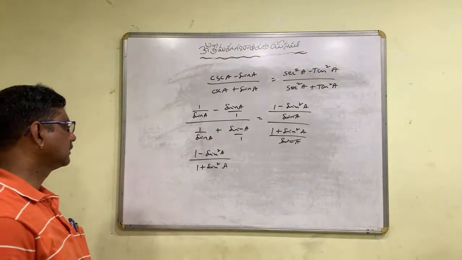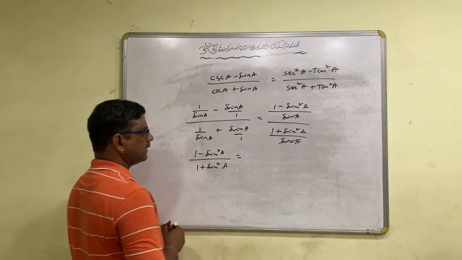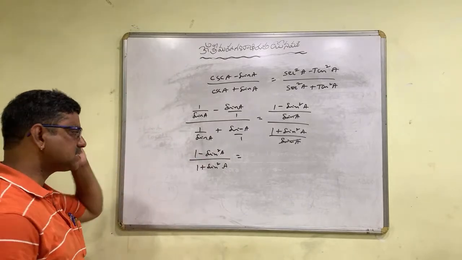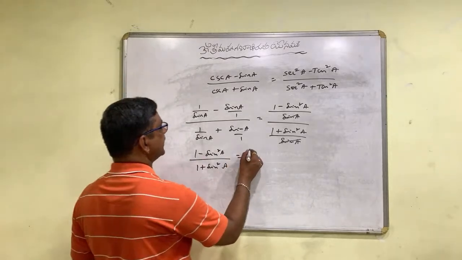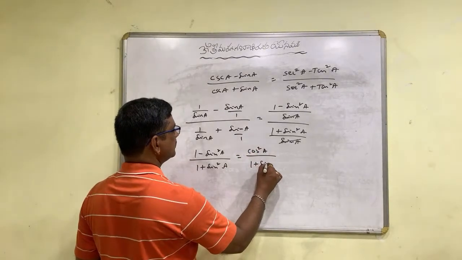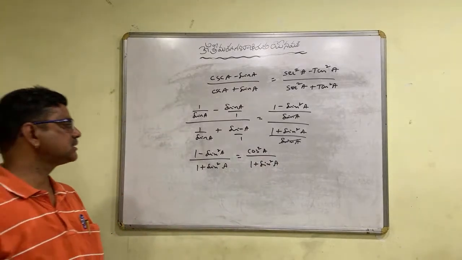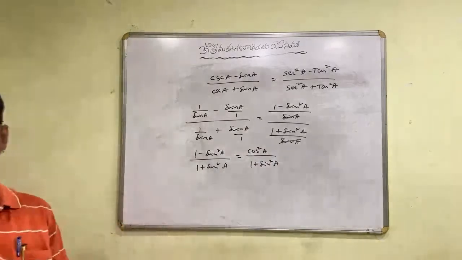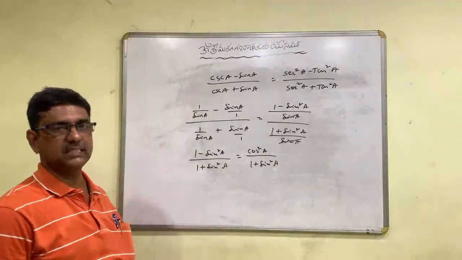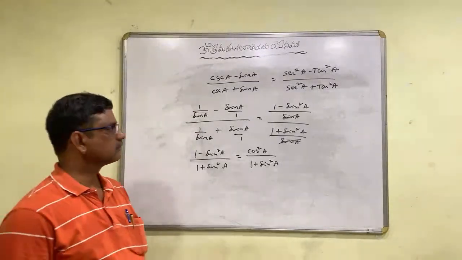Okay na? So here 1 minus sin square A is cos square A, by 1 plus sin square A. If I simplify the LHS, this is the result I got, cos square A by 1 plus sin square A. Okay na?